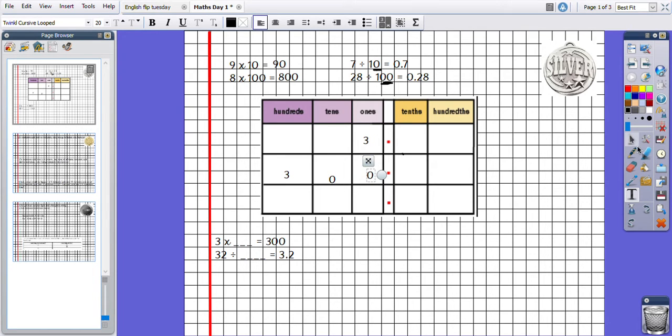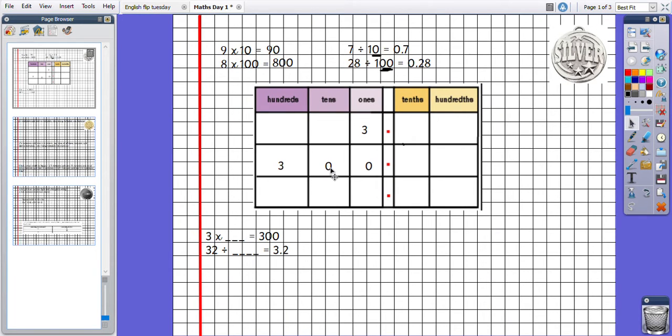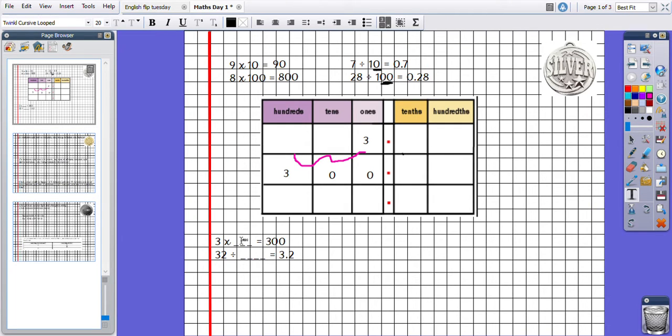Okay, how much bigger or smaller have I made my 3? Well, I have moved it 2 places to the left. So I have timesed it by 100 because I've moved it 2 columns, and I know that because I've got 2 zeros in my 100 number.